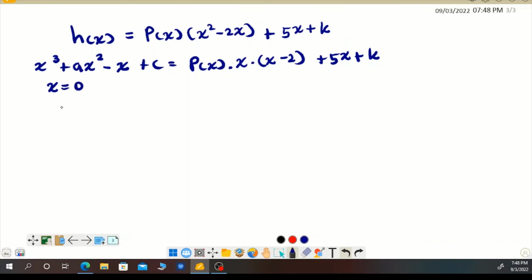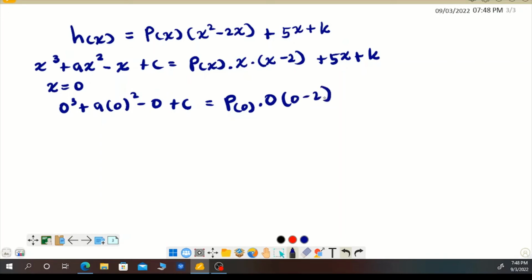At x equals 0, 0 cubed plus a times 0 squared minus 0 plus c equals p(0) times 0 times (0 minus 2), plus 5 times 0 plus k. So all the terms are 0, only c remains here. This total term is 0, then only k is here. So I get c equals k.